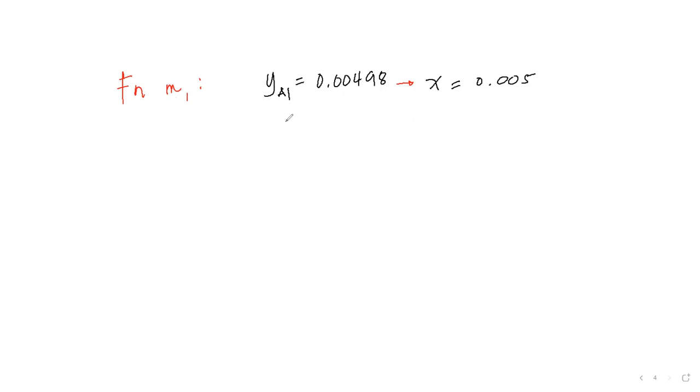You will be able to get an M value here, which is just the pure ratio of the two, and you have the X corresponding to this YA1. That 0.00498 divided by 0.005 will give you 0.996. It's very crude, of course. But if you want to interpolate, then you can.